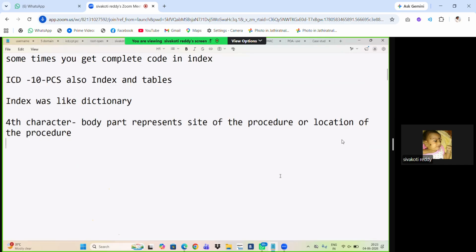While we are taking the body part, we need to find the fourth character more accurately, guys.